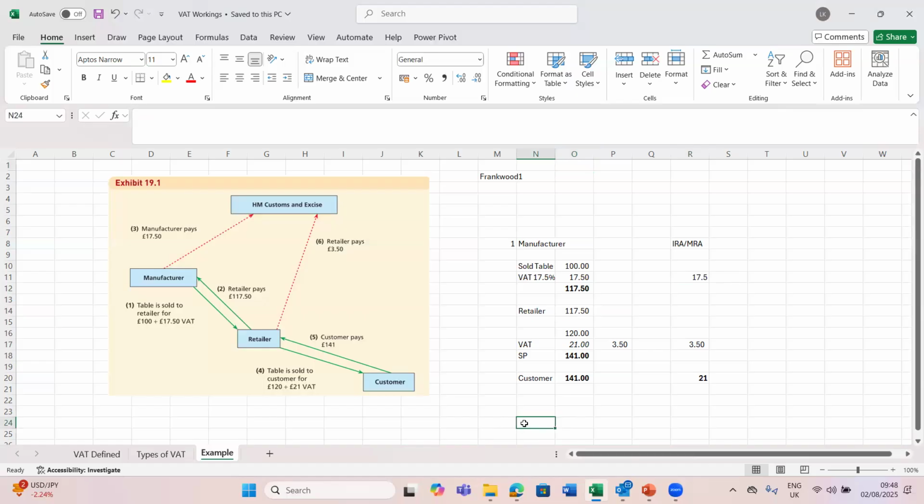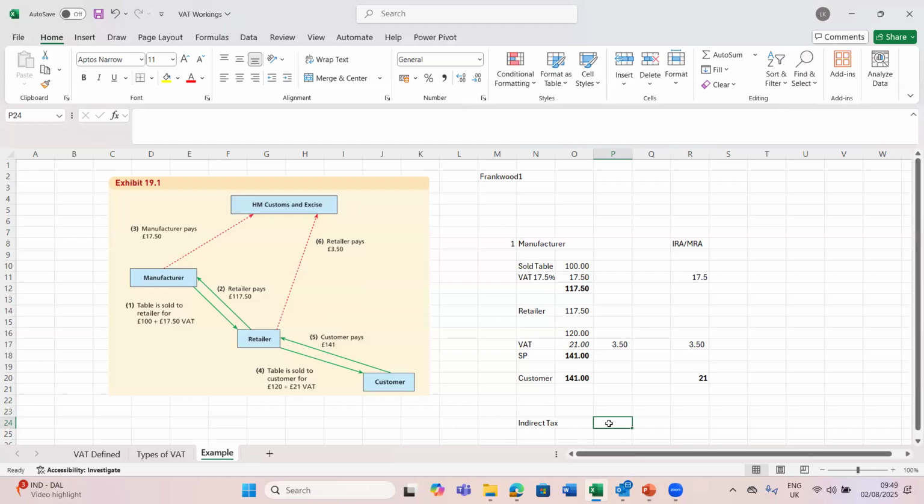VAT is in the grouping of indirect taxes. Why is it called indirect tax? It is called indirect tax because the consumer is paying tax unknowingly.